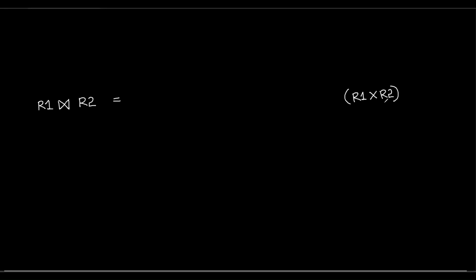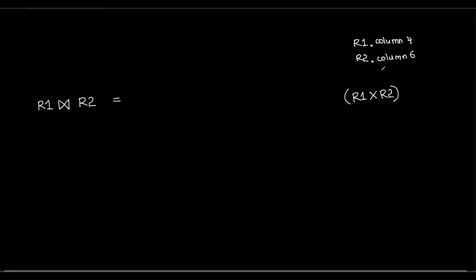And then we select tuples with equal values in both relations in the common attributes. Let's say column 4 in R1 is the same as column 6 in R2, maybe.